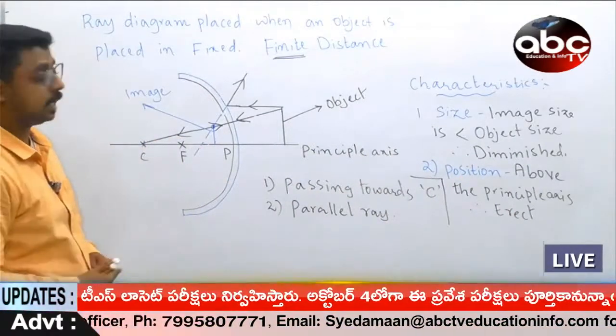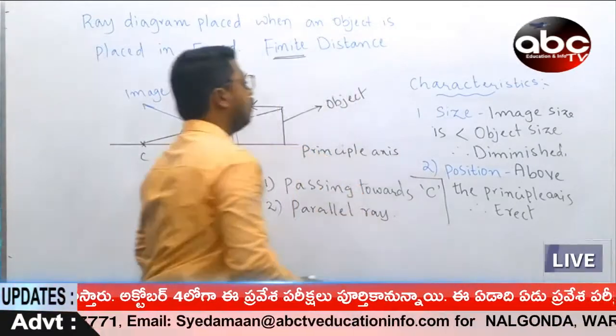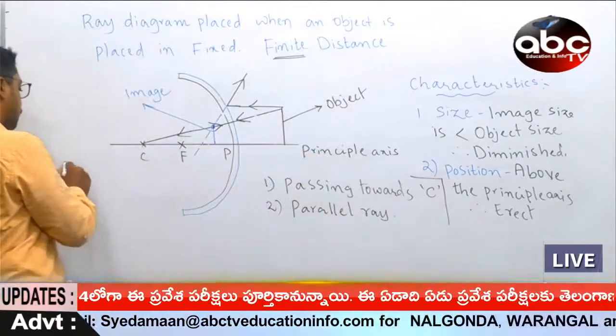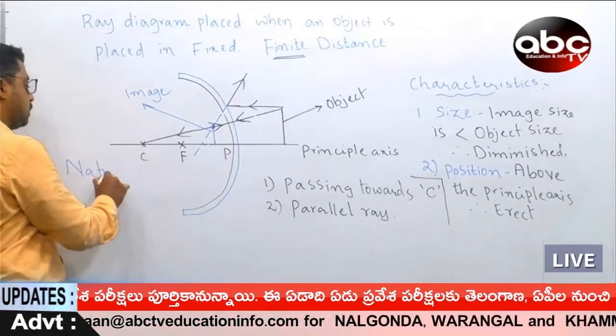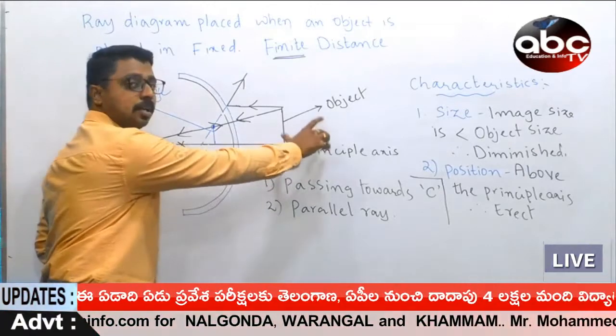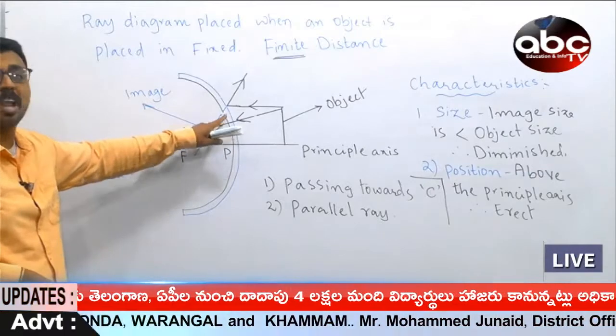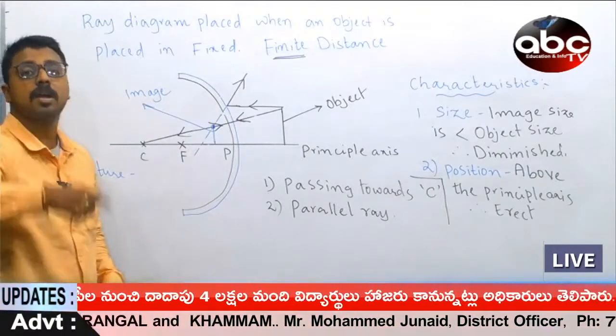Coming to the third, what is the nature of the image? Is it formed by the intersection on the active side or behind the mirror? Naturally, it is formed by the intersection of elongated rays, not reflected rays.